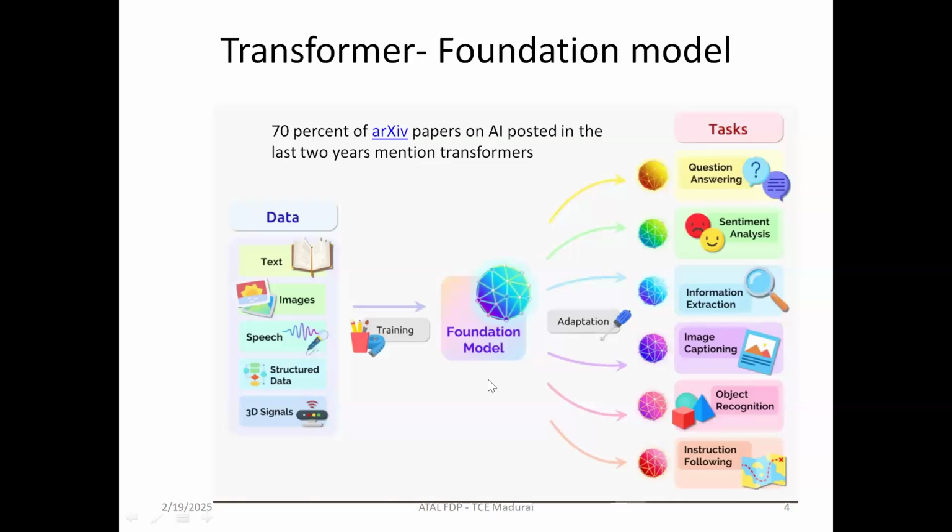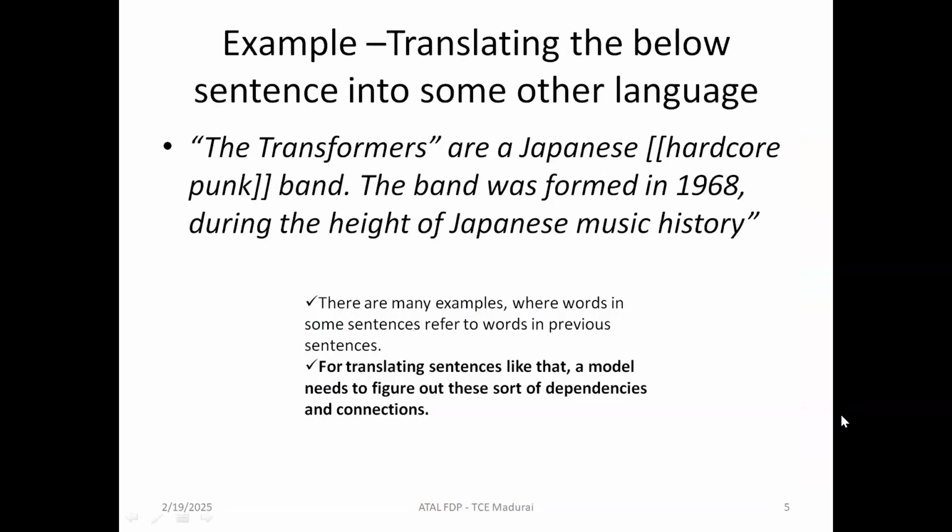This is a common application I have taken from Google, where the dataset is taken from text or images or speech, structured data, 3D signals. We are going to train with the transformer model, and we can do a lot of applications here, like question answering, what I told you, like ChatGPT, then sentiment analysis, information extraction, image captioning, object recognition, plenty of things we can do with this transformer.